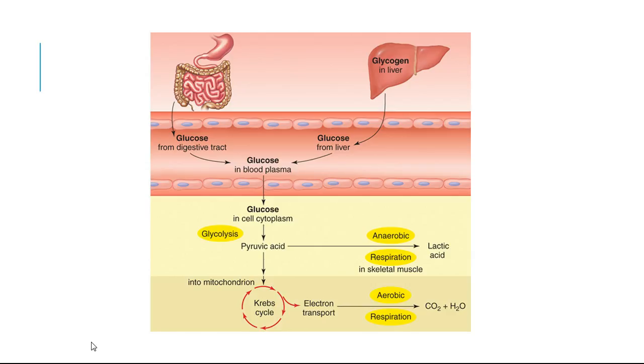What else is made? We're going to create a gradient so we can create ATP by what type of phosphorylation? Oxidative phosphorylation. What are some byproducts? In addition to ATP, what is liberated?